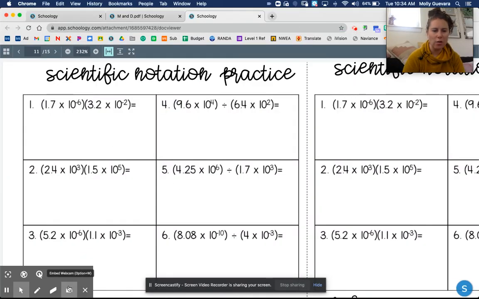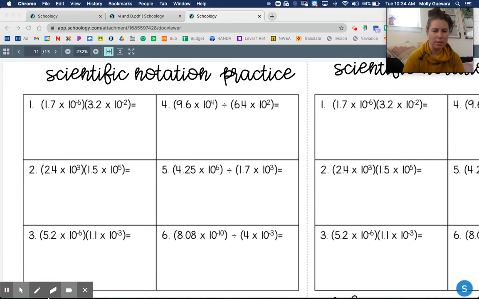Okay, so here we have that sheet that I just showed you, right? And again, you only have to do half of it. Notice it's the same on both sides, okay? So we're going to do a couple practice problems here. This one is multiplying.